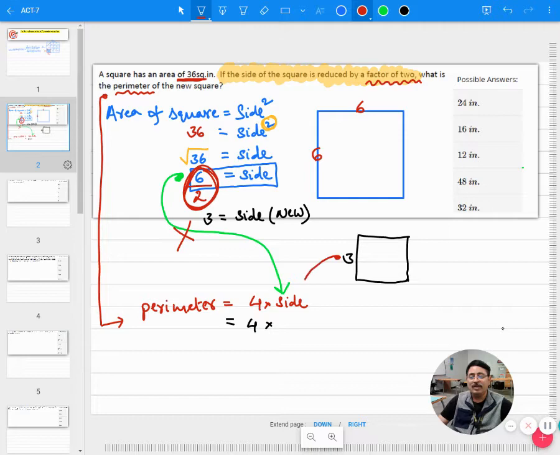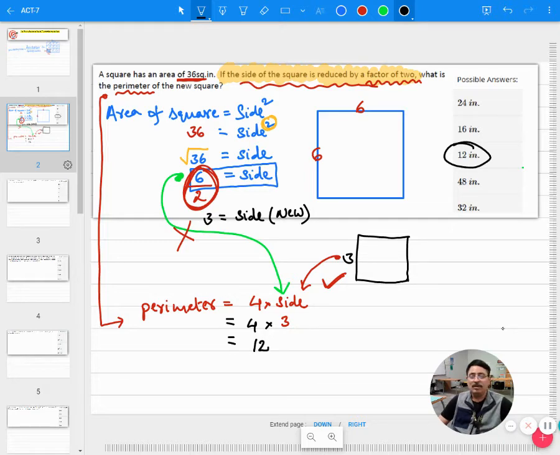This is the correct way, because the side is reduced by a factor of 2. So let me plug in here. Then 4 times 3 gives us 12 units. Therefore, 12 inches is the answer.